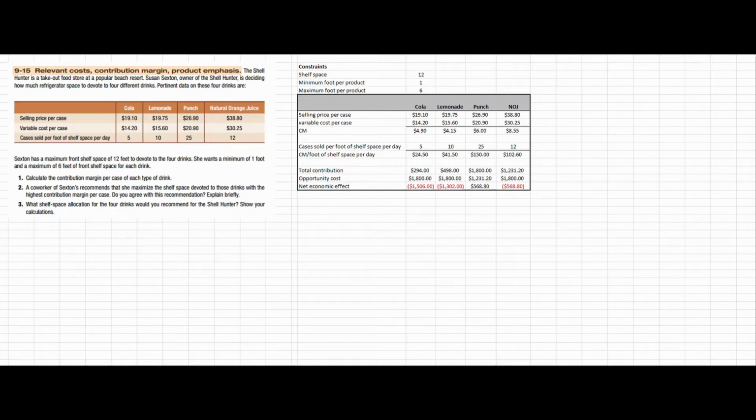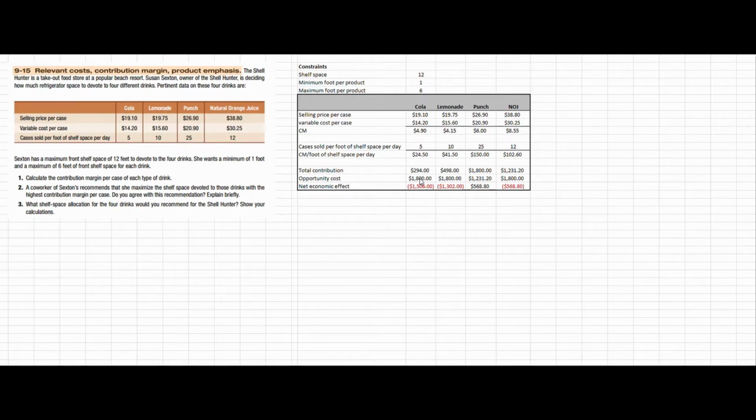The fact that we are constrained means we may have an opportunity cost. I say may because we can have constraints, but we may not necessarily be constrained by those constraints. But in this case, we are. So we're constrained by the fact that we only have 12 feet. So if I take all 12 feet and dedicate that to cola, then I'm going to have an opportunity cost.